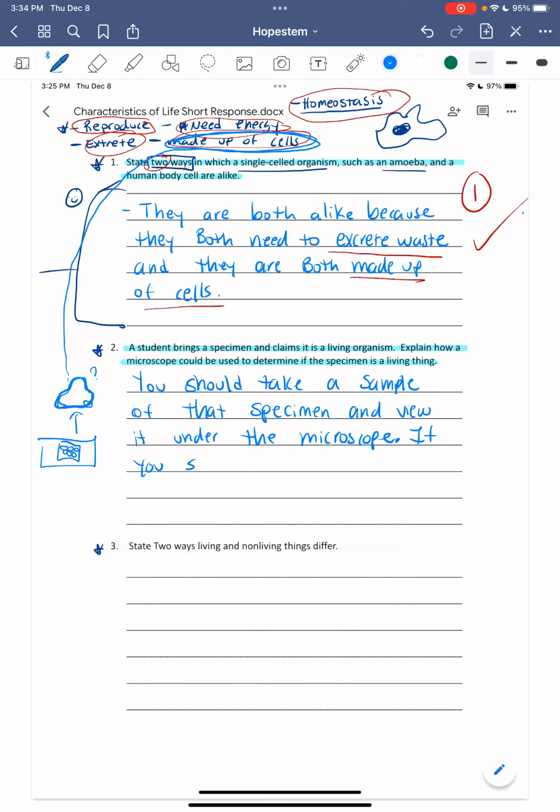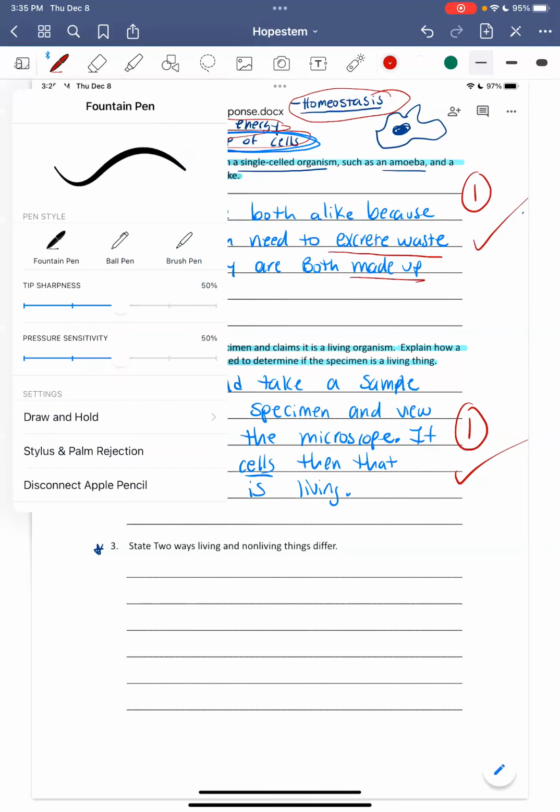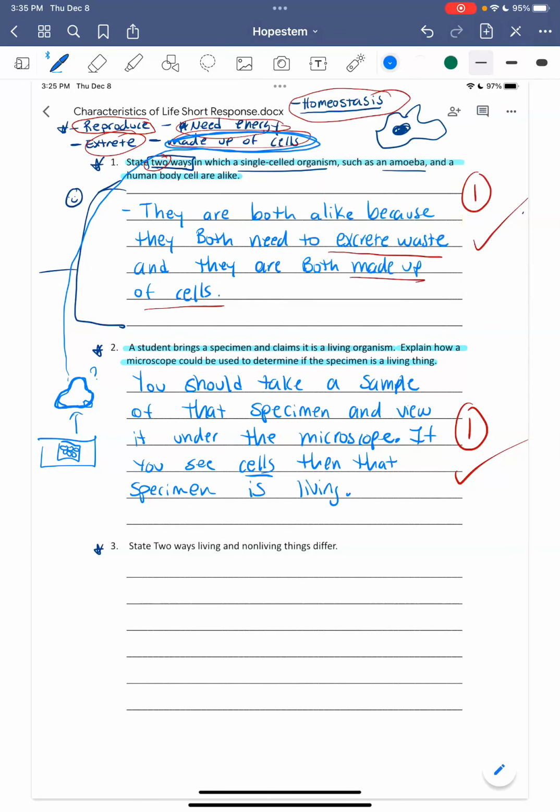If you see cells, then that organism is living. Or should I say, actually, let's correct that. That specimen is living. Excellent job. You get the point. All living things are made up of cells. And cells, you can only see them under a microscope.